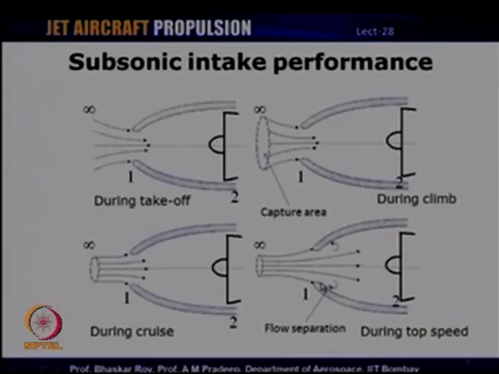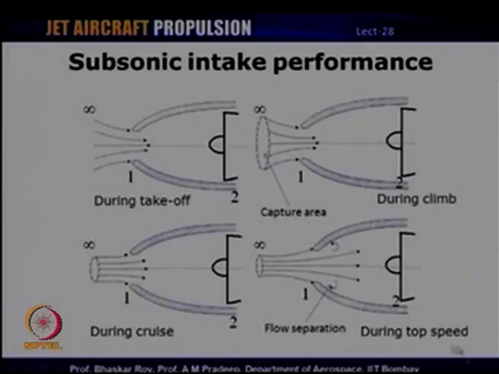And if the aircraft is accelerating beyond its cruise Mach number, then the capture area could become even smaller, in which case, because it is a fixed geometry intake, the adverse pressure gradient here would be quite high for the flow to sustain itself, and there could be flow separation on these walls, which obviously would lead to poor performance of the engine.